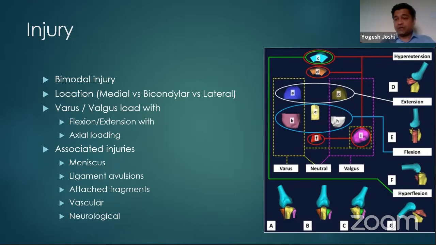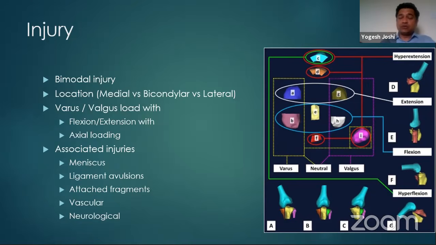And not only the bone fractures, but there is soft tissue injury. So if it's a valgus type of injury, you will have a lateral tibial plateau fracture, although you will also have to assess the medial sided structures. There could be injury to the MCL or the medial meniscus as well. So those things have to be considered at the time of treating these kinds of injuries.